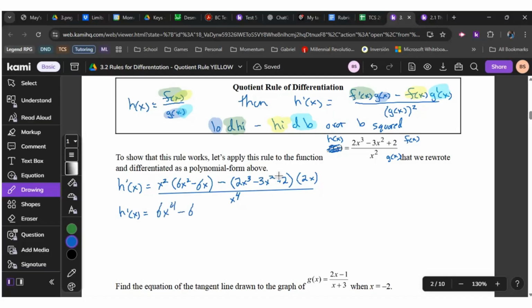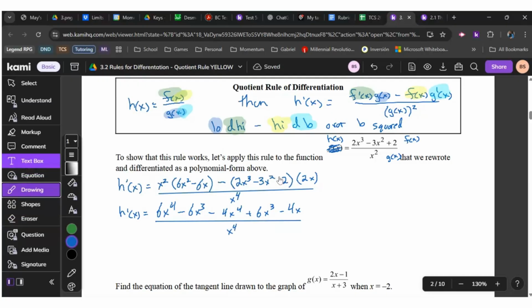Okay, let's multiply these together. 6x to the 4th minus 6x cubed. Now we're going to multiply the 2x in. So minus 4x to the 4th, plus 6x cubed minus 4x, all over x to the 4th.